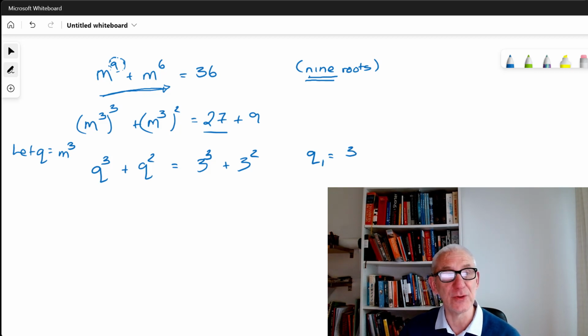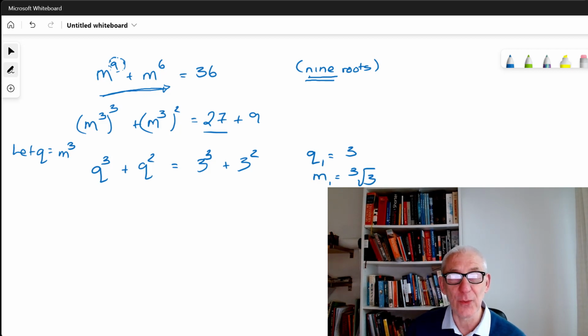And our first root is m1 equal to the cube root of 3, because q equals m cubed. So we will find that those are the only real solutions to our problem, and for the rest of this video we're just going to find and visualize the complex roots and see how that works.